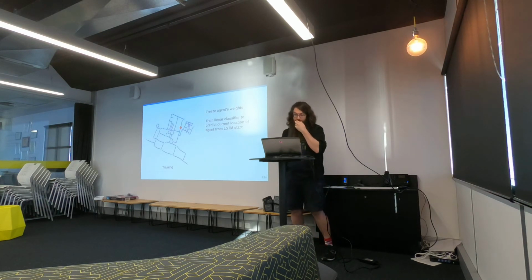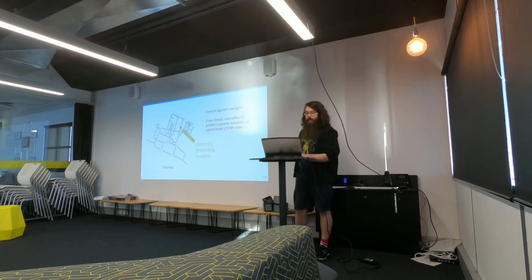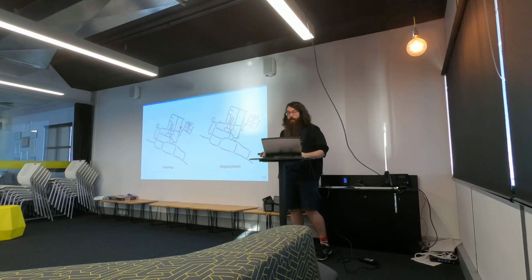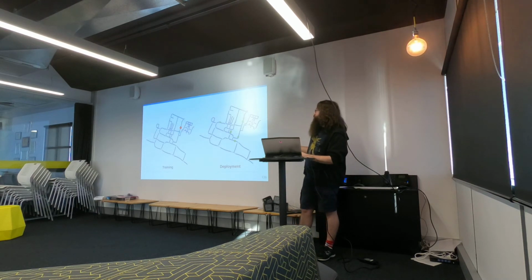You can imagine that perhaps this representation is doing some kind of sequential filtering. We found that on the training data, this was able to correctly predict the location pretty effectively. On the deployment data, you can see that there are signs of this working. The hypothesis is spread out around the graph, but the biggest location is truly in the right location.